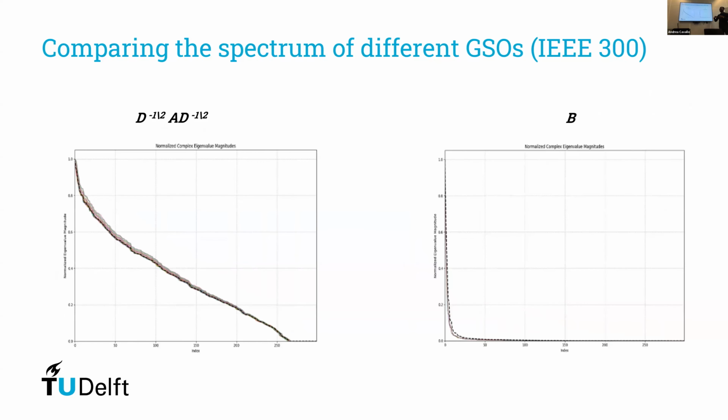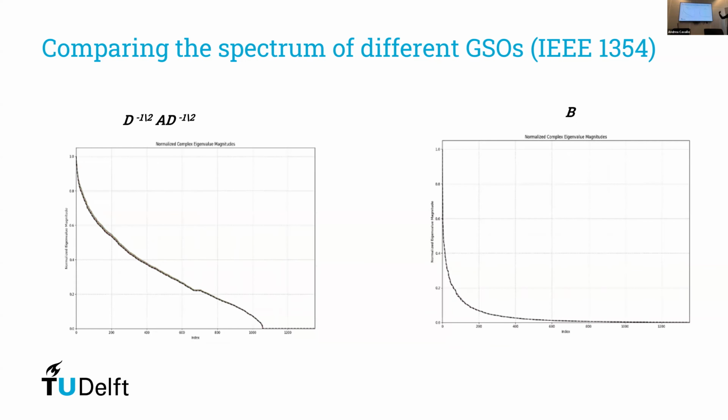If you look at other networks, for example, IEEE 300 bus, it exhibits a similar structure. This is maybe not exactly linear, but it's almost linear in the case of the normalized adjacency matrix. But if you look at the eigenvalues of the B matrix, which is the susceptance matrix of the graph, you have the same property.